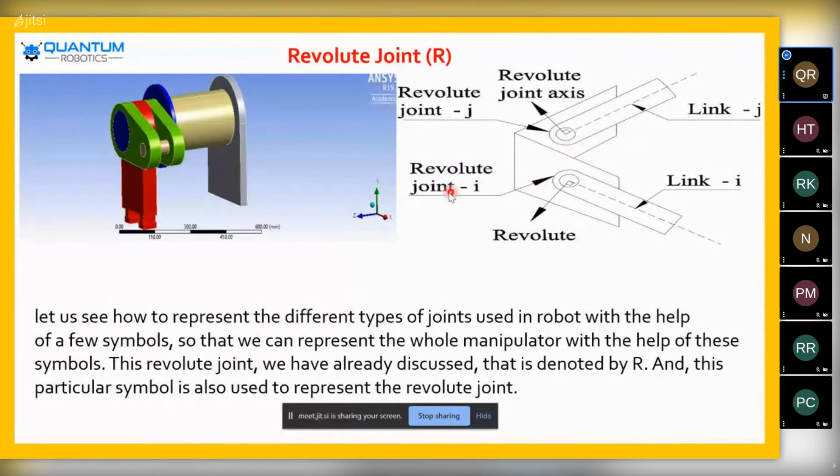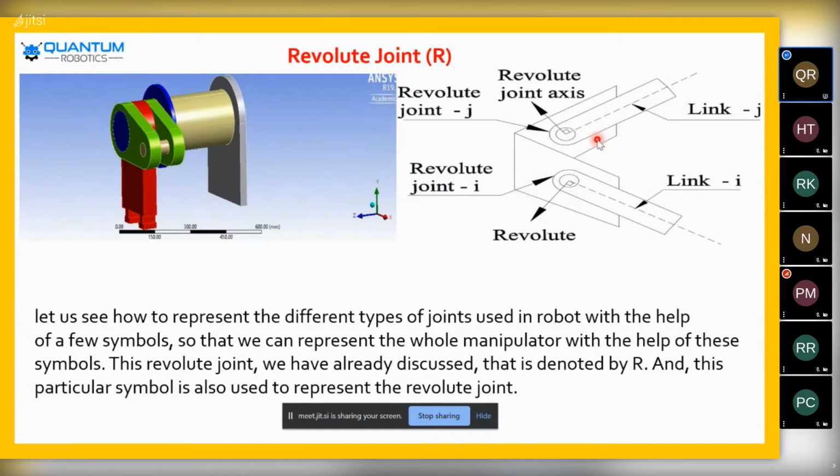Now you can see the i joint and i link, the j joint and j link, and the revolute joint axis. At a particular time, the movement is revolute according to the workspace and working capability. This was the diagram of a revolute joint.